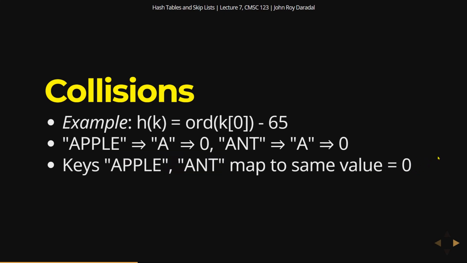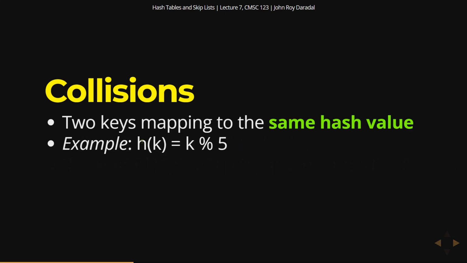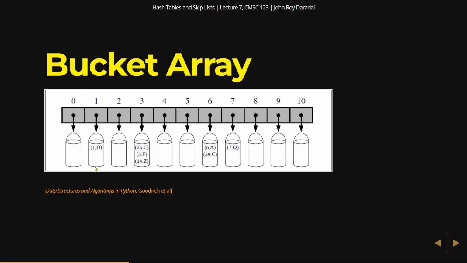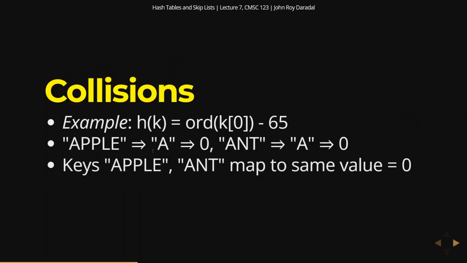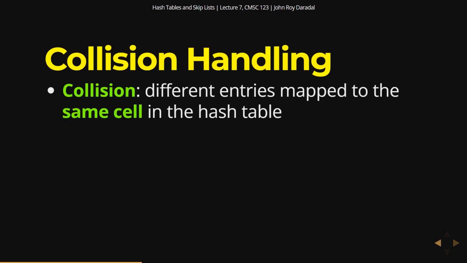Those are collisions, and they are bound to happen in the hash table. That is why for each cell we put a bucket in it, because there could be collisions. So going back here, we need to handle collisions because they are inevitable in the hash table.